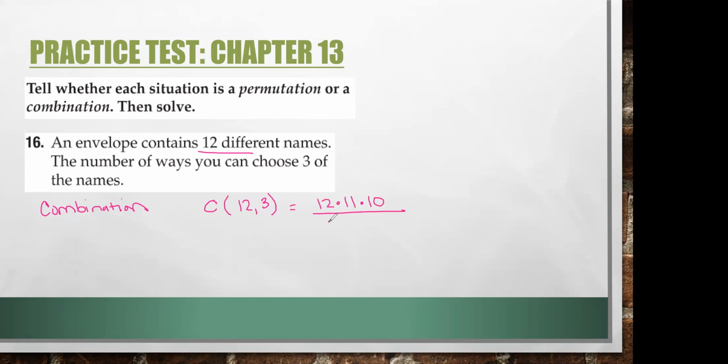Okay. And then our denominator is 3 times 2 times 1, which ends up being 1,320 over 6. When you simplify that, you get 220 combinations. So there's 220 combinations. Okay.